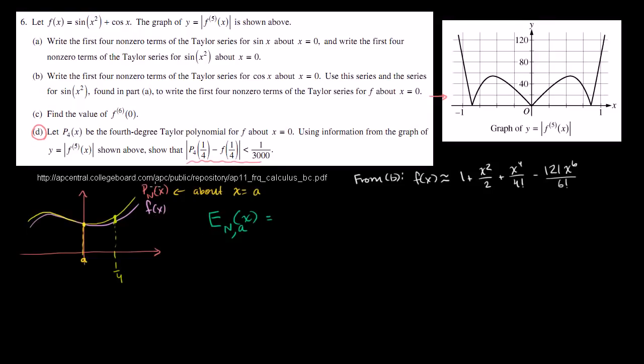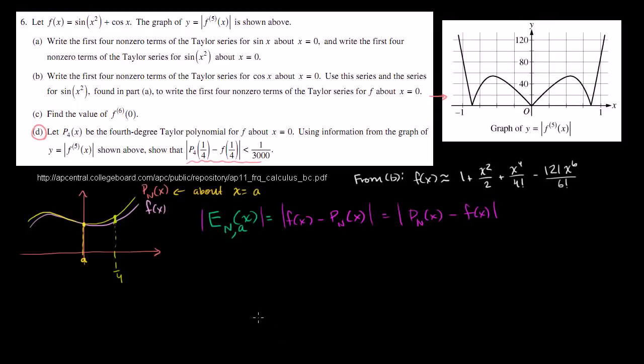You could say it's f of x minus that, or that minus f of x, but let me write it this way: f of x minus the polynomial approximation of x. If you take the absolute value of this, and you're taking absolute values, then you can switch the order. So this is the same thing as the absolute value of the polynomial approximation at x minus f of x.